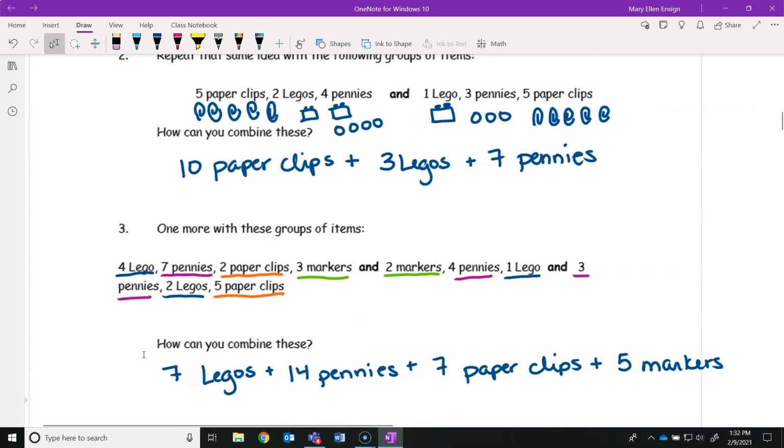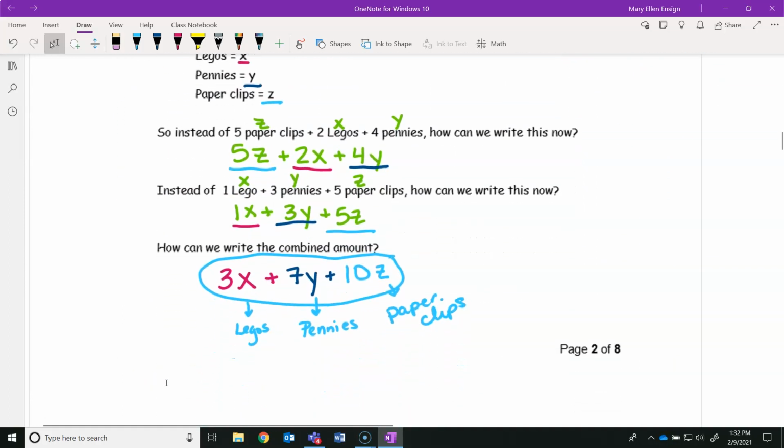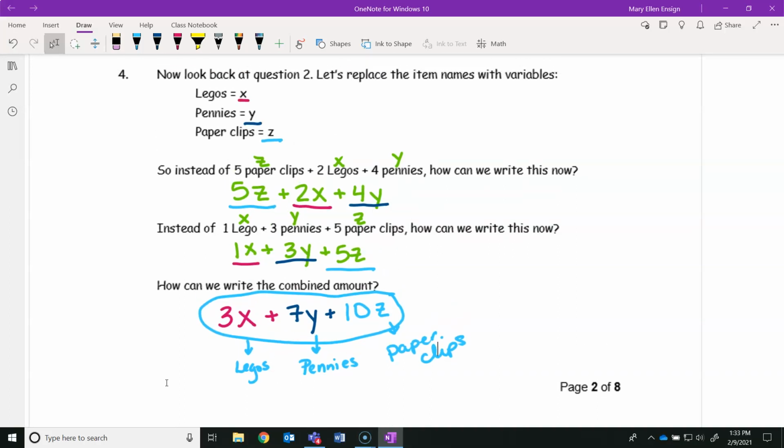So whether I'm working with the actual items, whether I'm drawing it, whether I'm just looking at the words, when I combine those, the same thing happens as when I have X, Y, and Z standing for whatever that item is. Okay, so that's really all X, Y, and Z do. They are variables.